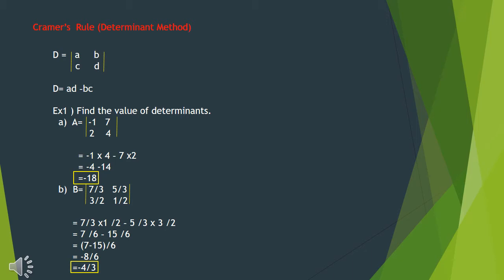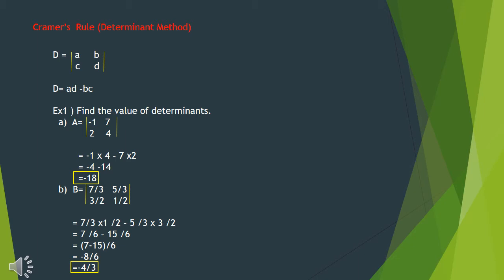Now, let's take another example. We have to find the value of determinant B, 7 by 3, 5 by 3 and 3 by 2 and 1 by 2. So, that is equal to just cross multiply and subtract: 7 by 3 into 1 by 2 minus 5 by 3 into 3 by 2.